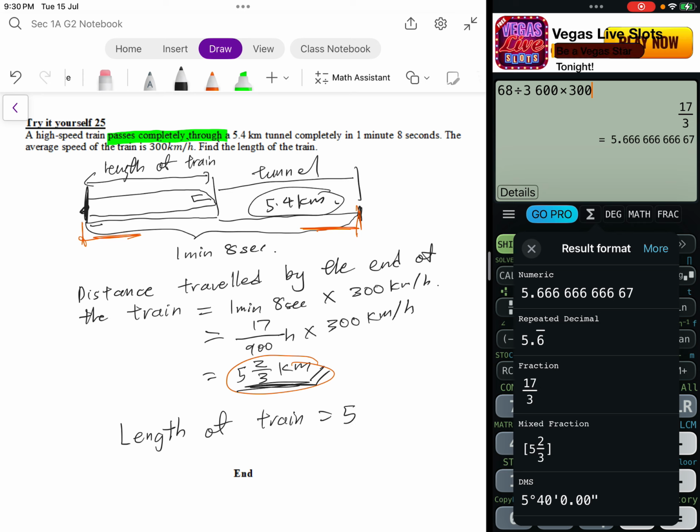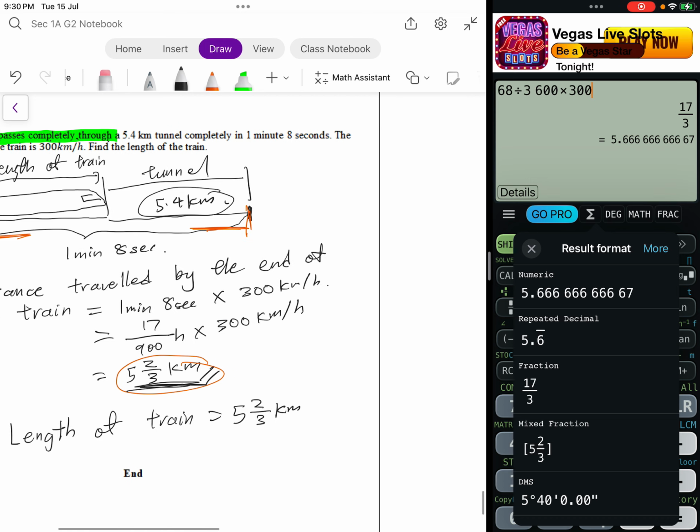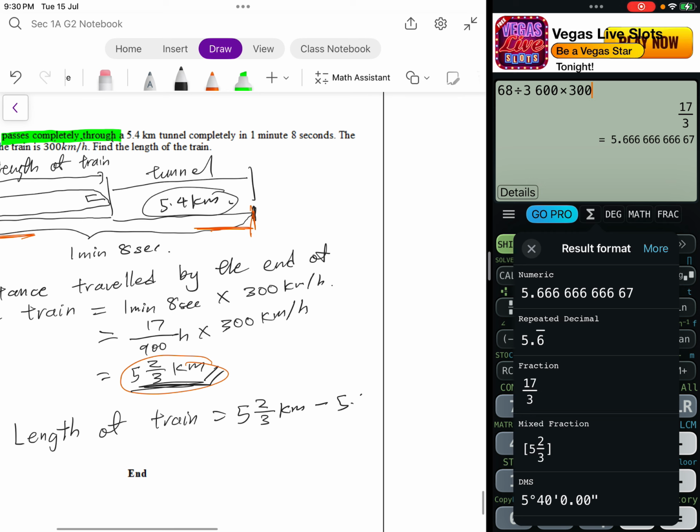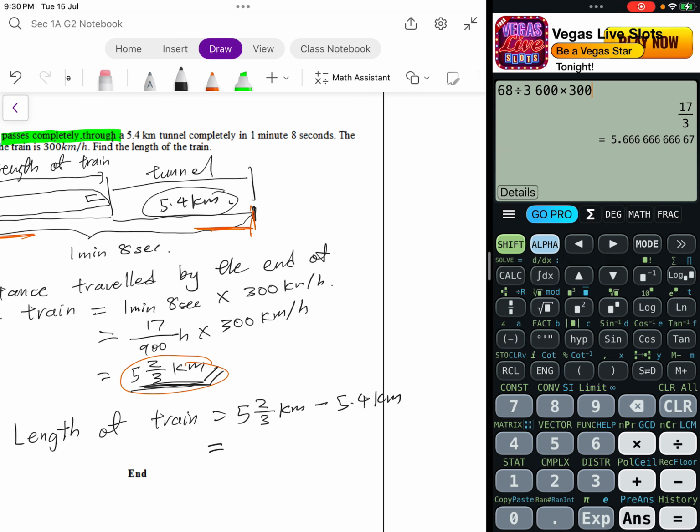So 5 2/3 kilometers minus 5.4 kilometers.